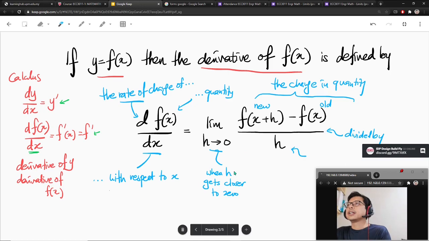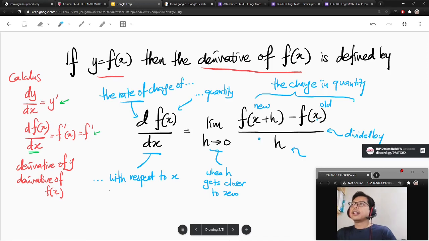So let's understand the mathematical sentence that we are doing here. If you are just writing it down, you write it in mathematical language: df(x)/dx, or d/dx of f(x), equivalent to the limit of h approaching 0 of f(x plus h) minus f(x) divided by h.